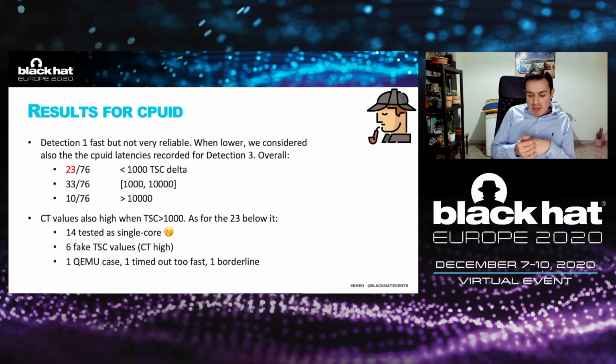We found one case where it was running in QEMU, where the counter thread was going super slow. In one case it was too close to call, and in another case the sandbox timed out too fast before we could get the counter thread measurements. So this test is not really reassuring from the defender's perspective, because only 23 passed this test.